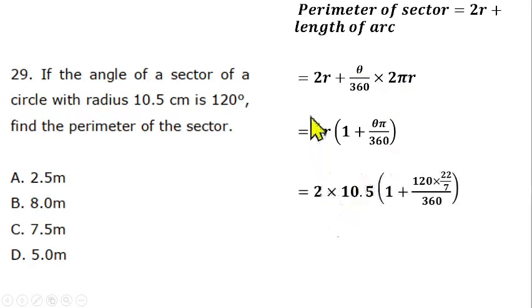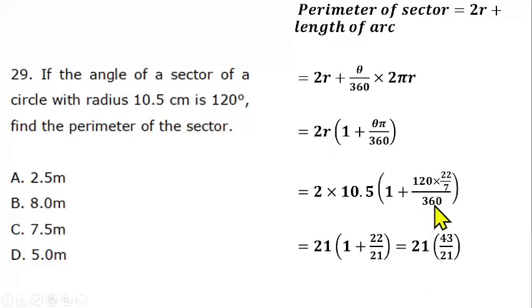So our r is 10.5. You have 2 times 10.5 into 1 plus theta, which is 120, times 22 over 7 over 360. So very simple. 120 can go in 360, that gives us 3. So 120 can go in this, so you have 3.